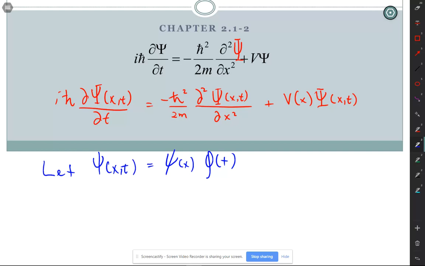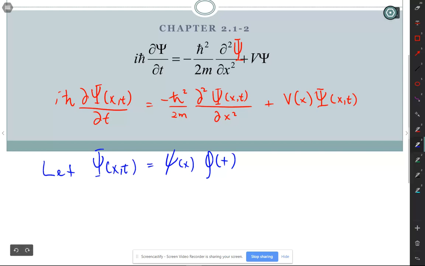And notice I changed from a capital psi here to a lowercase psi. That's why I tilted it a little, just to make sure that they're not the same psi. This gets confusing to me. We have multiple ways of writing psi, and we're going to mean different things. When we write it like this, we're going to mean the complete wave function. And when we write it like this, it's going to mean a solution that's not the complete one. We'll see more about it later.